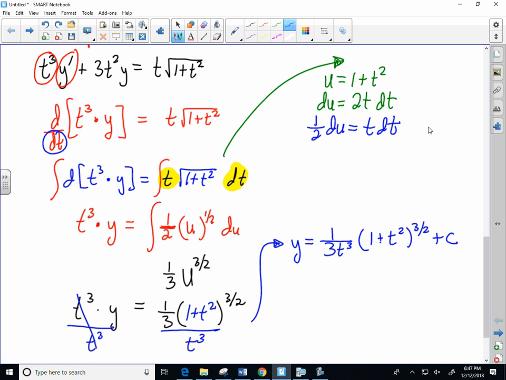It could be integration by parts. It could be partial fractions. It could be anything. I'm not evil, so I'm not going to tell you that there's going to be a standalone question on partial fractions, a standalone question on integration by parts, and then give you a question that has partial fractions and integration by parts in it. All right, so those are standalone questions for a reason, because all the other types of questions will not involve those concepts. All right, so that's something you can kind of look forward to.